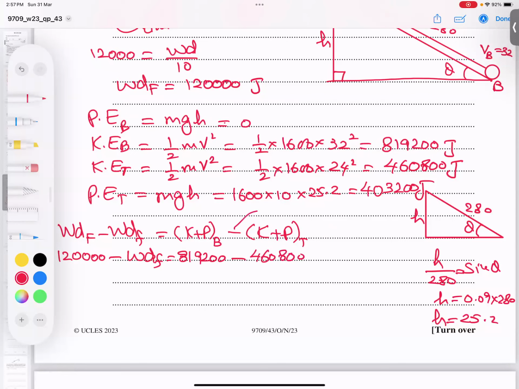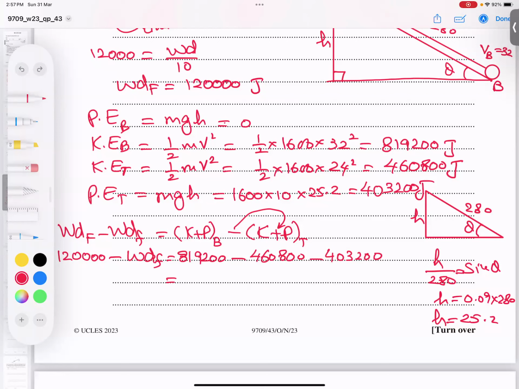460800. Negative into positive, negative, make sure. And potential energy at the top is this number, 403200. So bring it on this side and cancel the negative sign. So I'm typing it now.